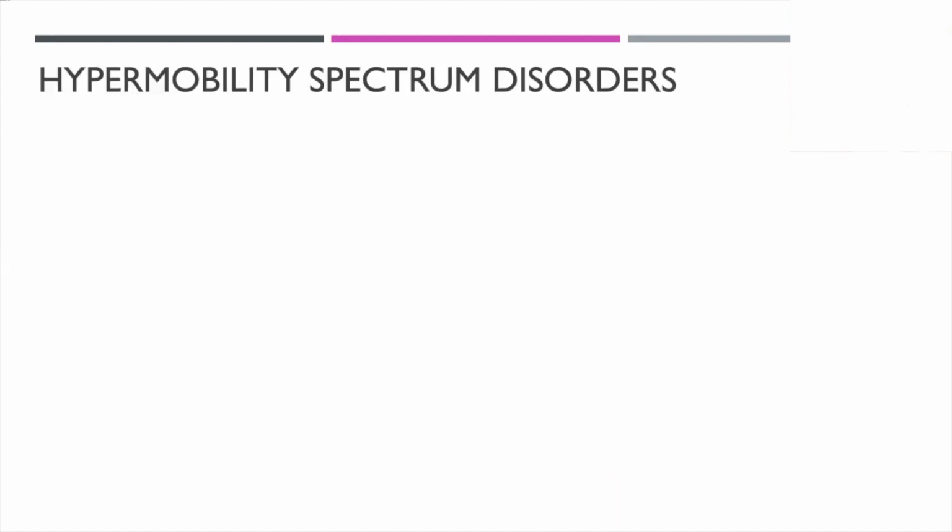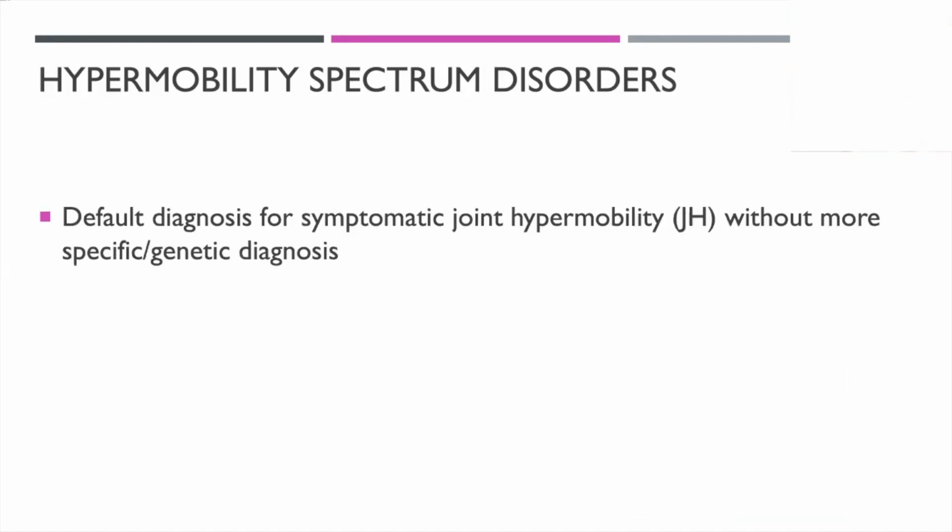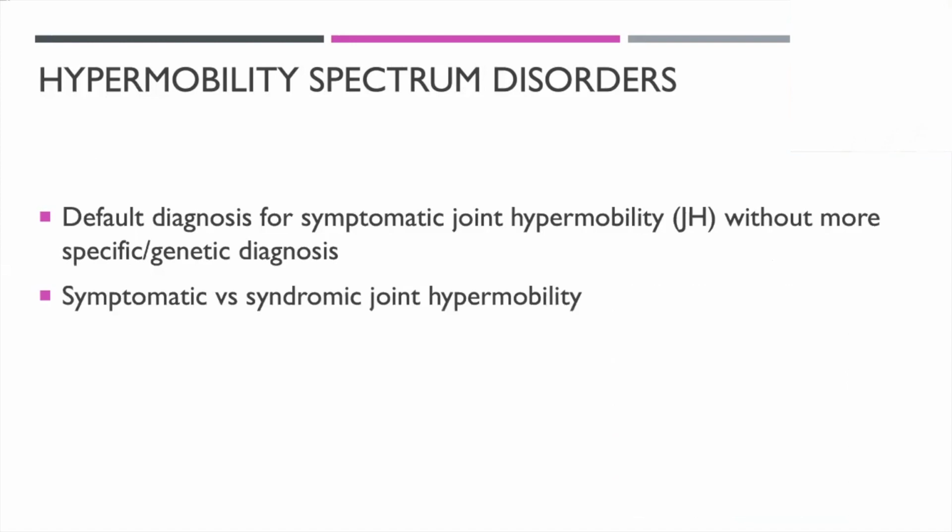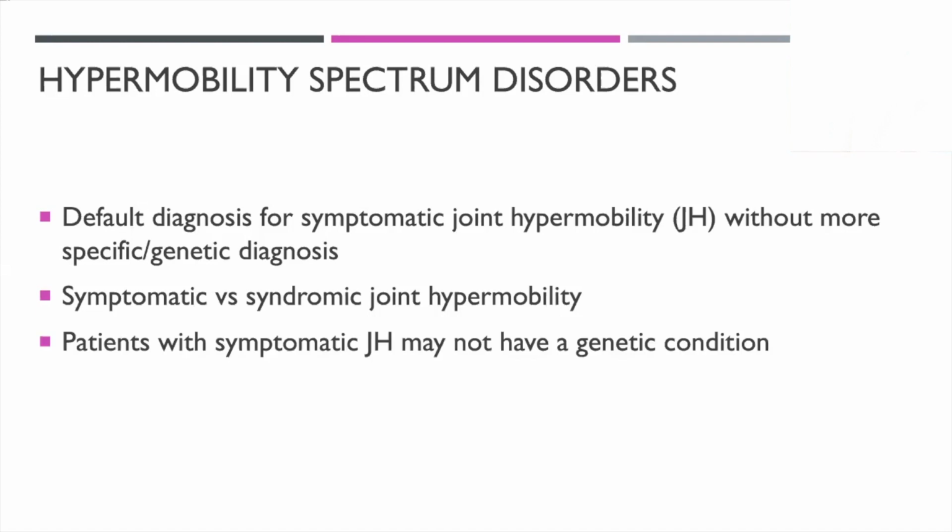Hypermobility spectrum disorders were first introduced in 2017 as the classification that we would use to describe someone that has symptomatic joint hypermobility, but they don't have a more specific genetic diagnosis. It's important to distinguish between symptomatic and syndromic joint hypermobility, with symptomatic meaning that they have joint hypermobility and symptoms, and syndromic meaning that they have an underlying genetic or connective tissue disorder.